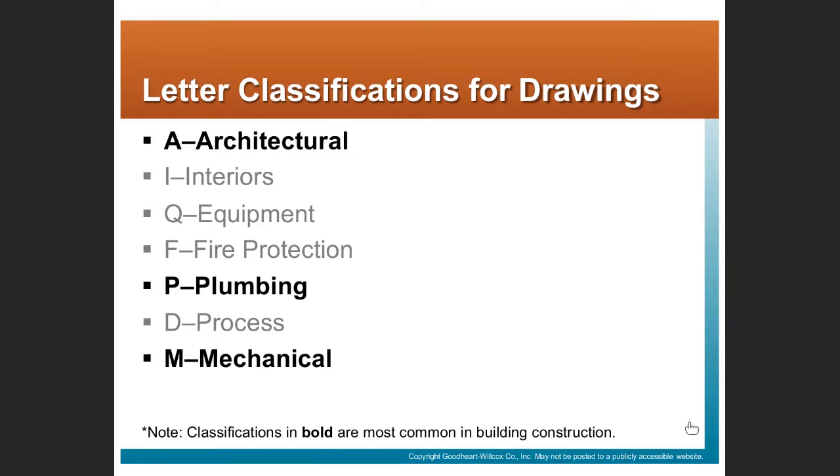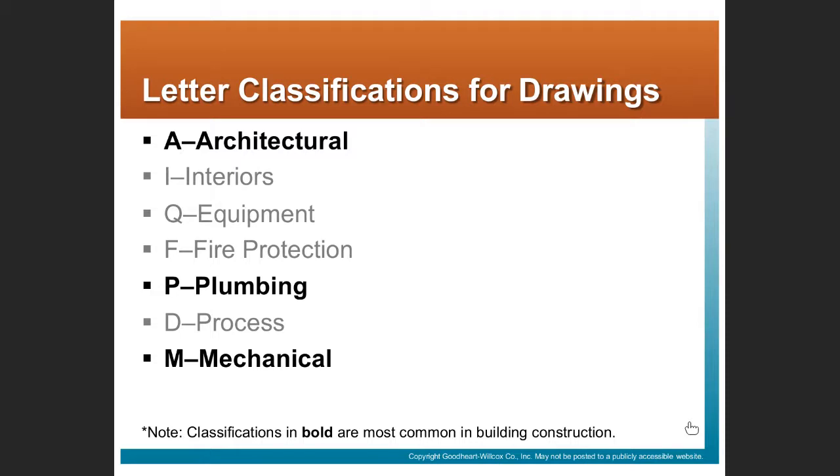The architectural drawings will include a lot of things we just talked about, the floor plans, elevations, sections, details. On the architectural drawings, we might also have finish schedules, door schedules, room finish schedules, right? What color is the wall to be painted? Is it meant to be plaster or drywall?